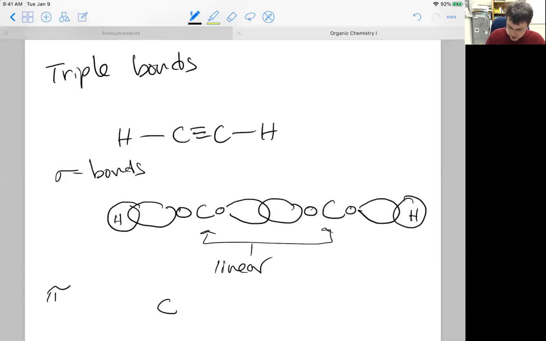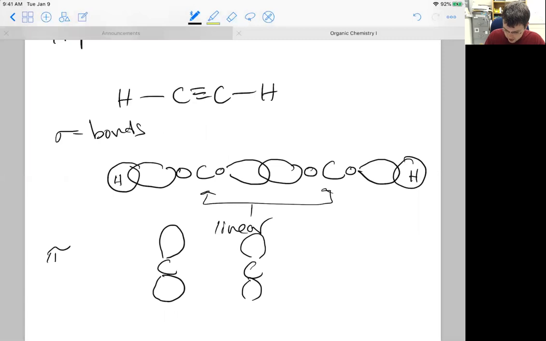One of the pi bonds is going to be perfectly perpendicular. If the linear triple bond is moving across the x-axis, then one of the pi bonds is going to be parallel to the y-axis.